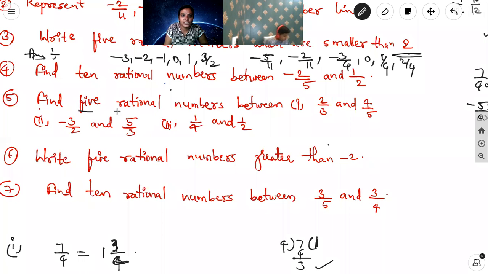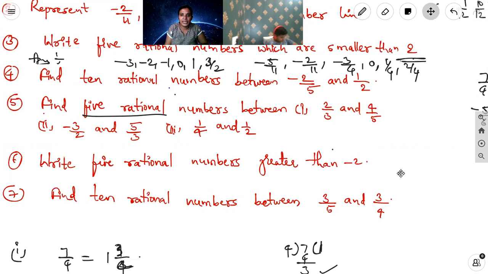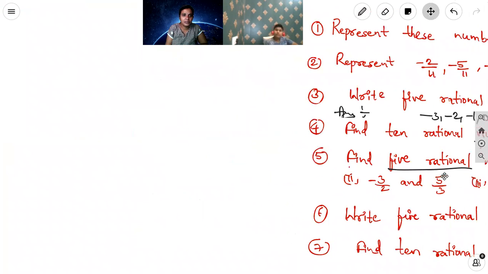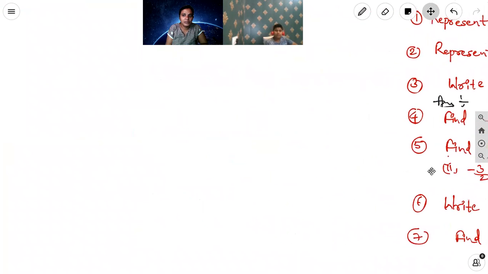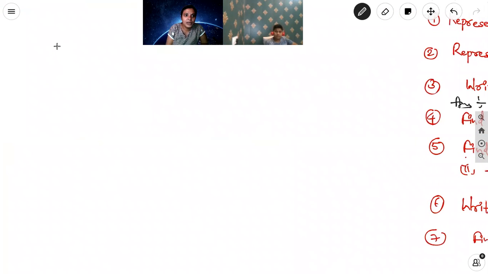Find 5 rational numbers between 2 by 3 and 4 by 5. Again, we can take the LCM.